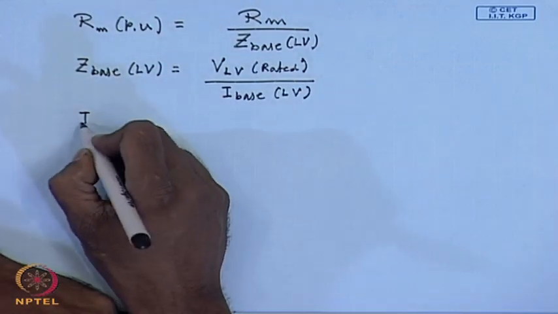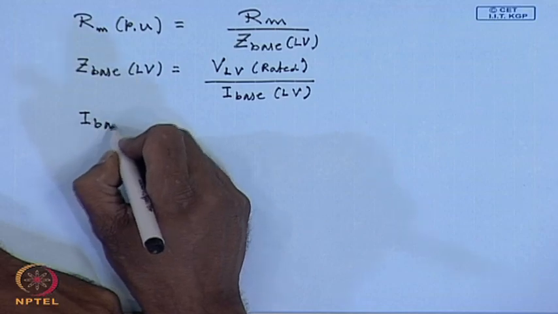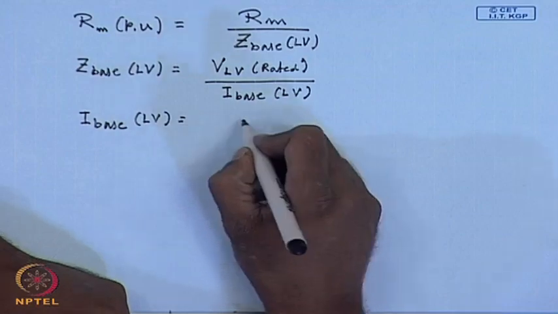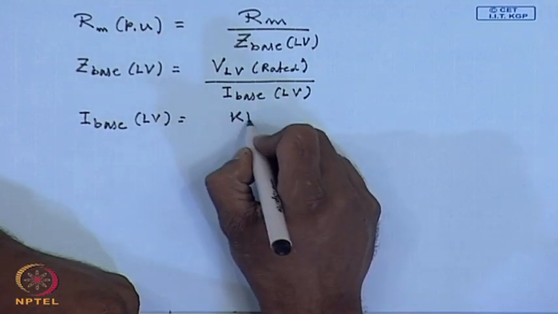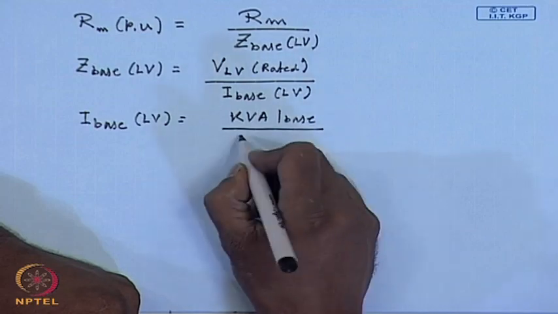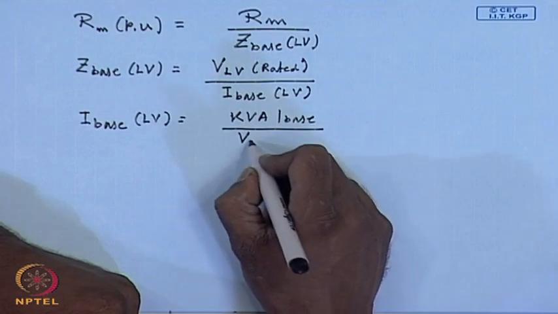Now, I base of the LV side equal to KVA base divided by LV side voltage base.